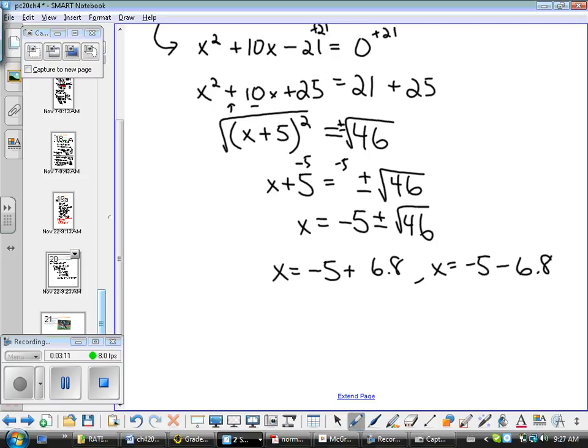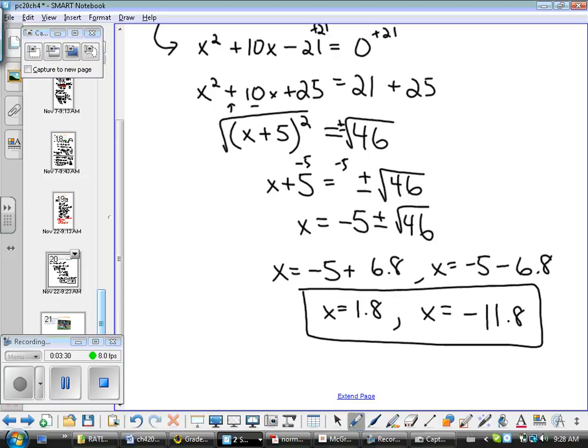Okay, so x equals 1.8, and x equals negative 11.8. Okay, so fairly obvious to you now that that's not something that you would have been able to solve by factoring, but actually not really that difficult to solve by completing the square, right? So this is a nice method to know because it allows you to solve all kinds of equations that you can't factor.